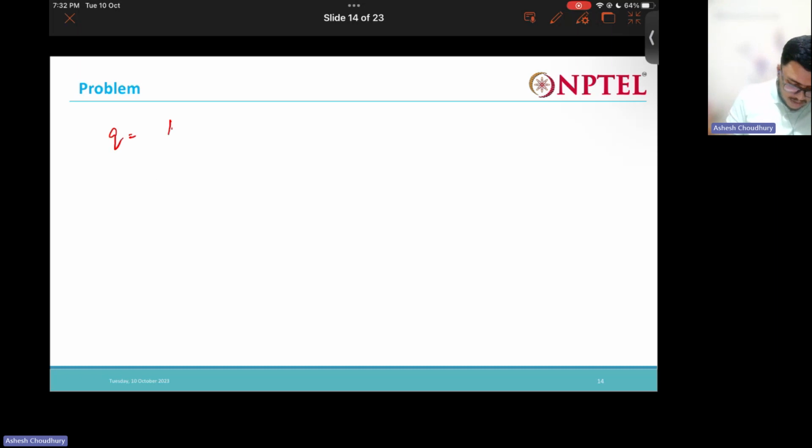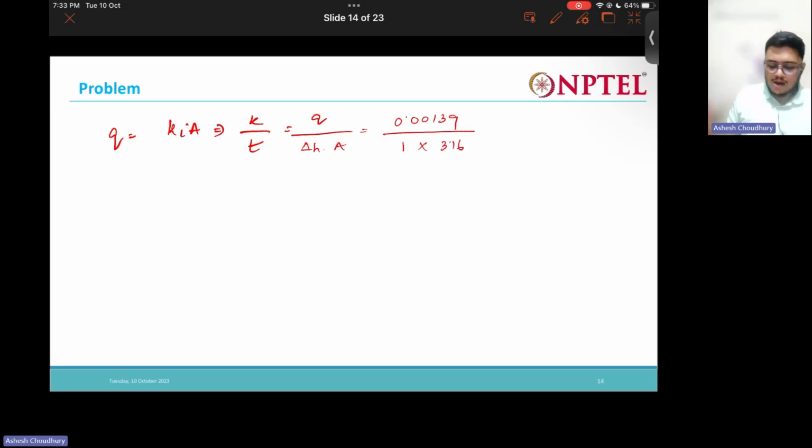So what is permittivity? That is 1 meter times 3.16. Now, how am I getting this area as 3.16?